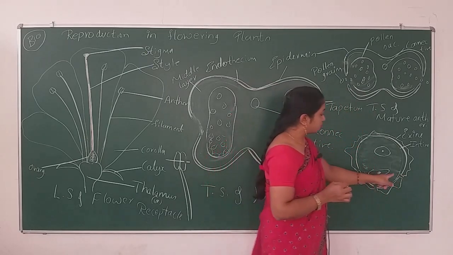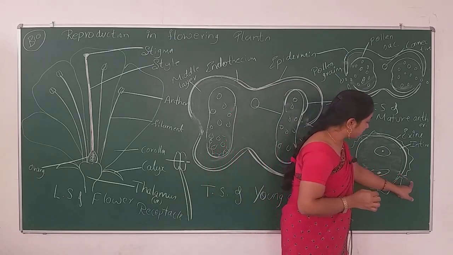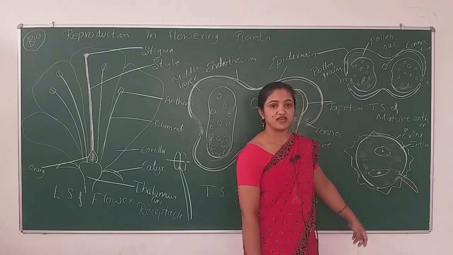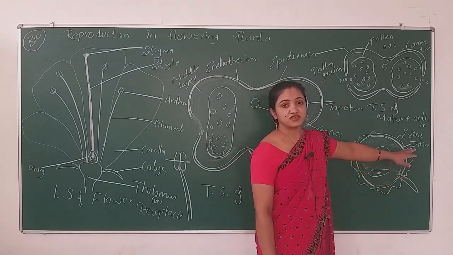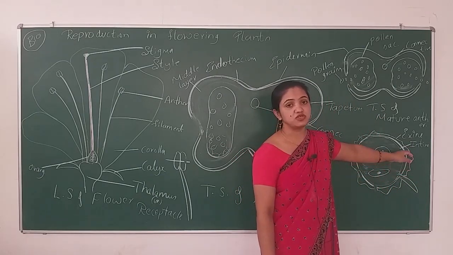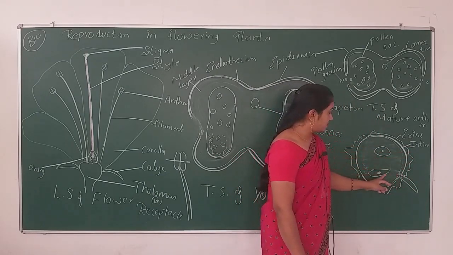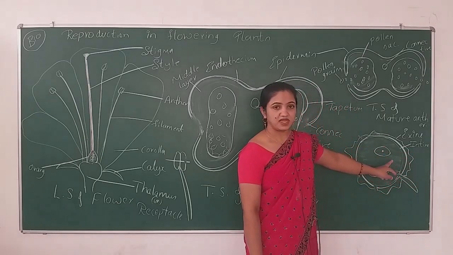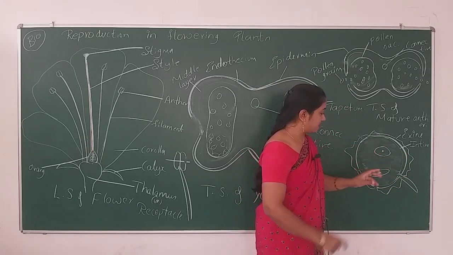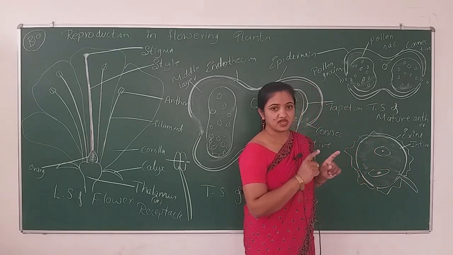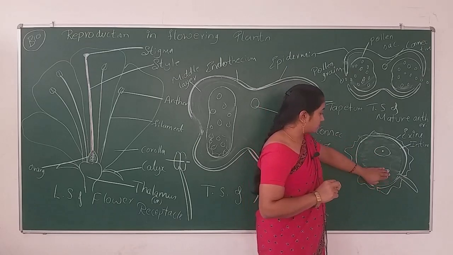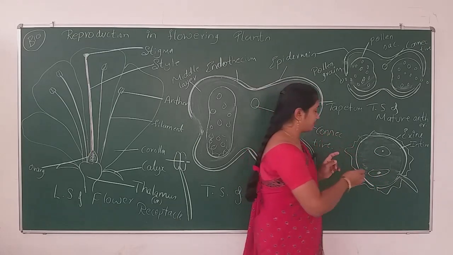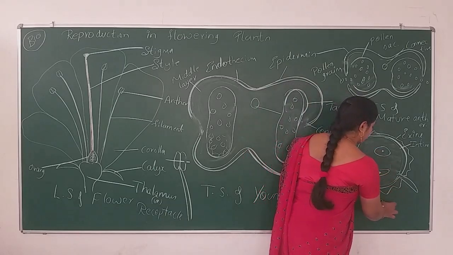Through the germ pore, the pollen tube germinates, like this. What is the function of the pollen tube? Why should it germinate? Because the pollen tube carries the generative cell. Meantime, this generative cell divides into two and forms two male gametes.